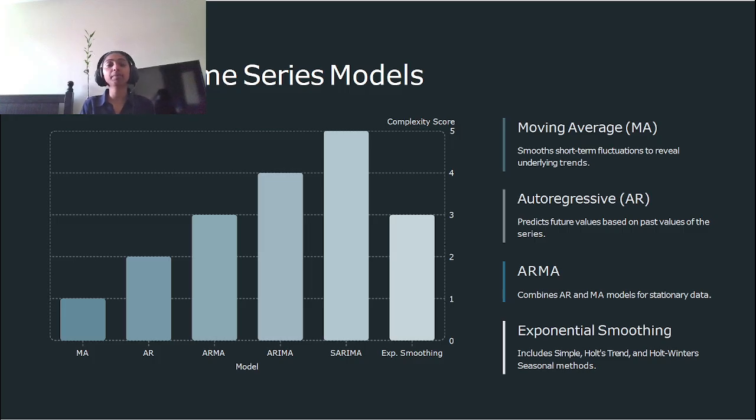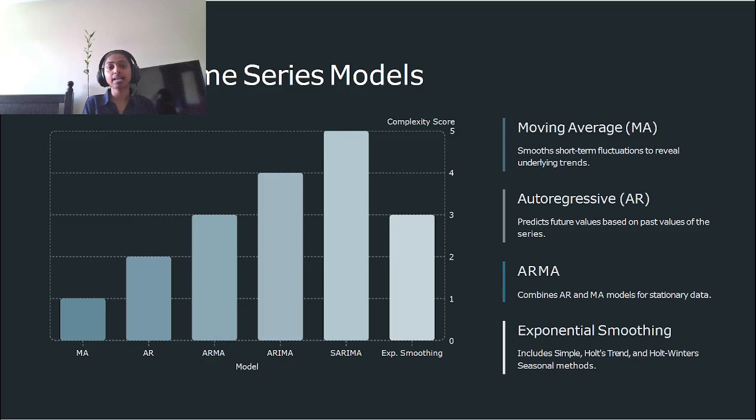And ARMA means the model which combines moving average plus auto regression. And another model, the complexity is increasing, right? The complexity and also the capacity of prediction is increasing when moving from moving average to SARIMA or Prophet. So ARIMA means auto-regressive integrated moving average.